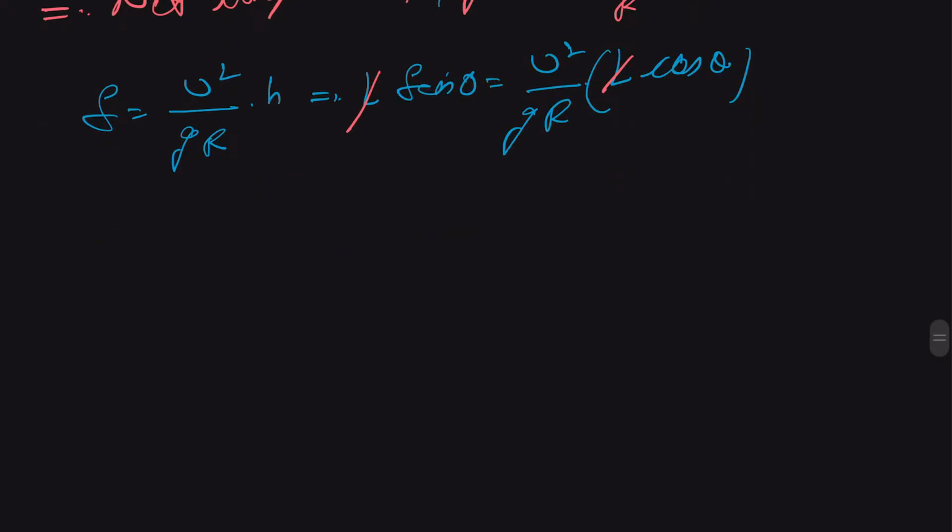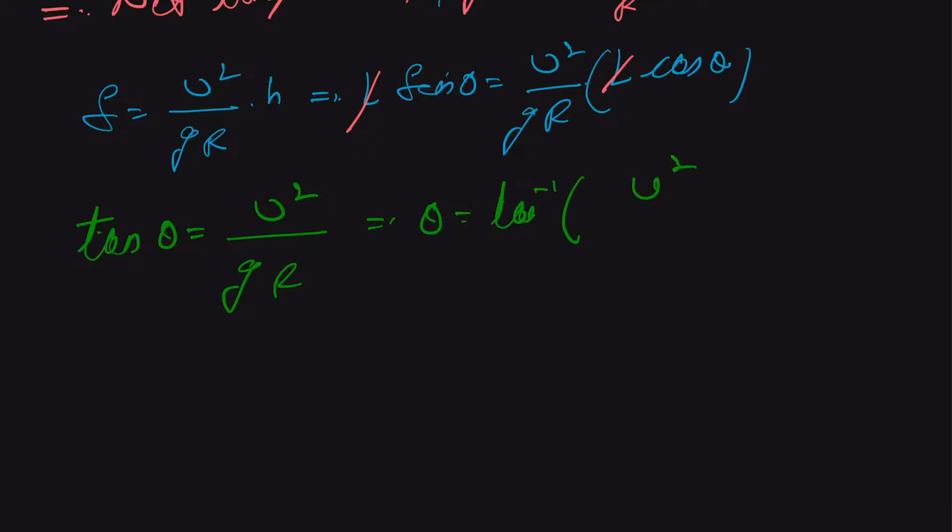We get tangent of theta is equal to v square upon gr, or we can say theta is equal to tangent inverse of v square upon gr.